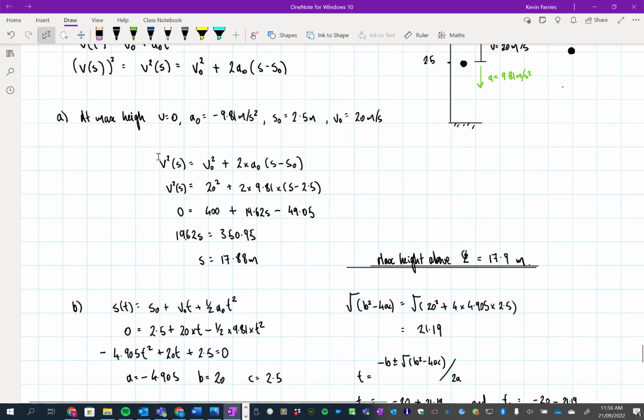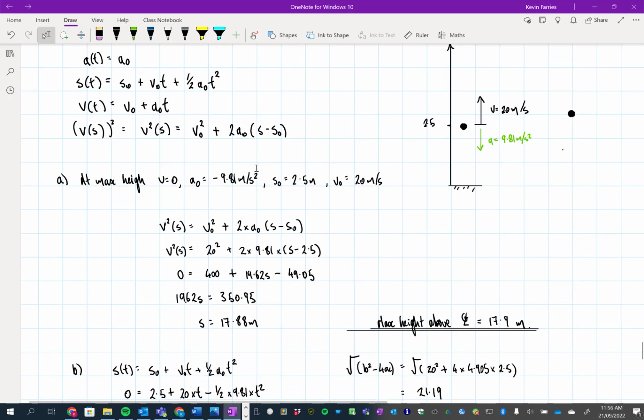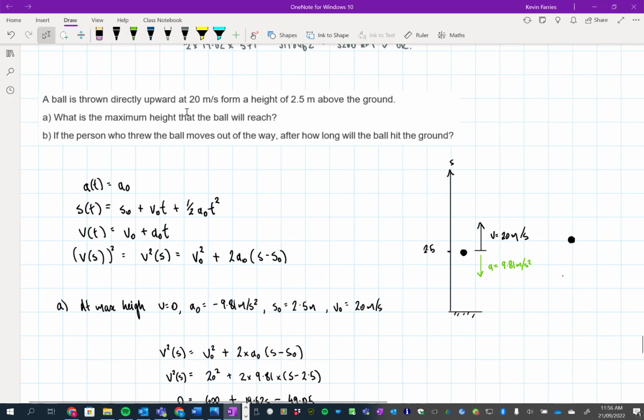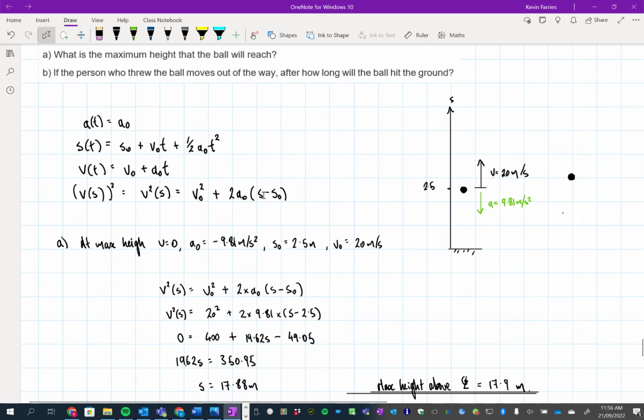Okay, so again, you're just trying to find the right formula to get what you're looking for. In this first one, what's the maximum height that the ball will reach? Well, when you're chucking a ball up, when it's at its maximum height, the velocity is going to be 0. And we're trying to find the height at which the velocity is going to be 0. So that tells us we want to use this equation here, which relates the velocity to the distance traveled.